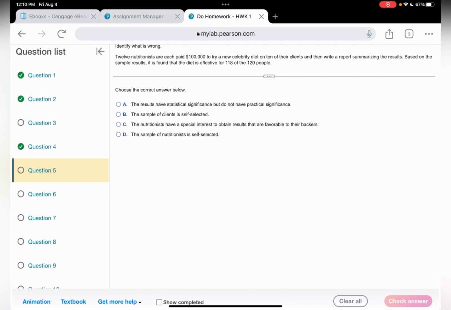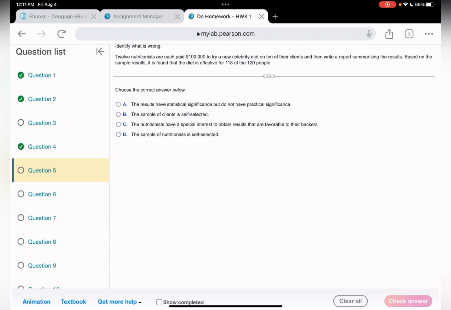So identify what is wrong. 12 nutritionists are each paid $100,000 to try new celebrity diet on 10 of their clients and then write a report summarizing the result. Okay. Based on the sample results, it is found that the diet is effective for 118 out of 120.